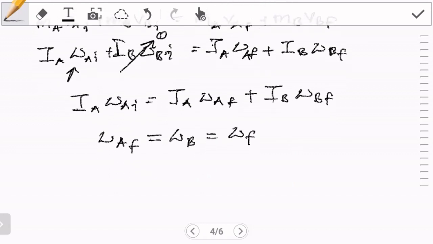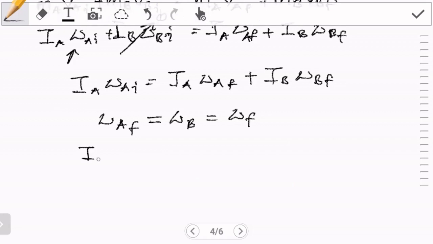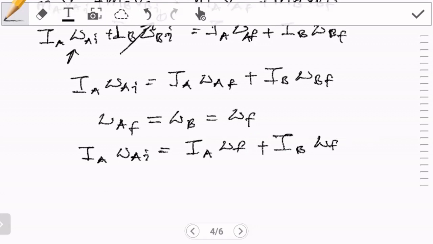So if we write our equation, it now becomes the moment of inertia of the merry-go-round times the angular velocity of the merry-go-round before collision, equal to the moment of inertia of the merry-go-round times the angular velocity final, since it's the same, plus the moment of inertia of the man times the angular velocity after collision.